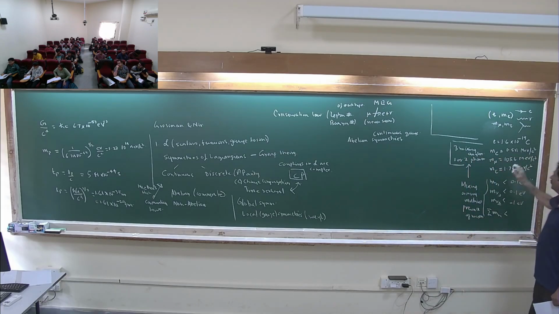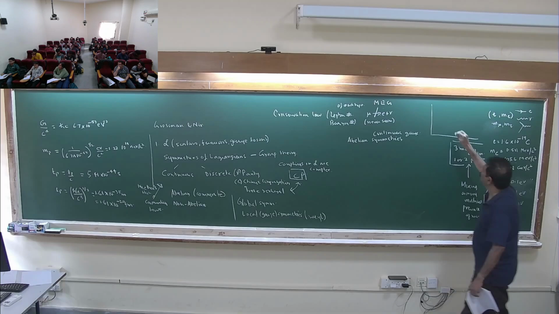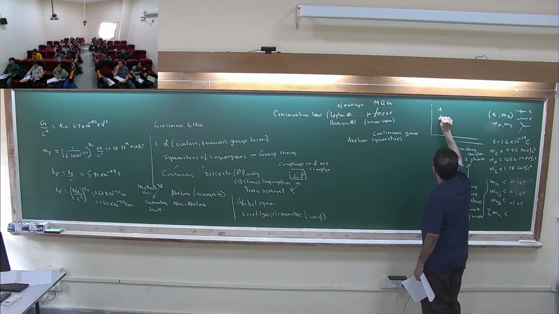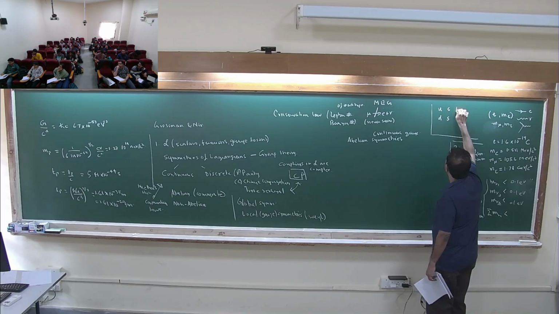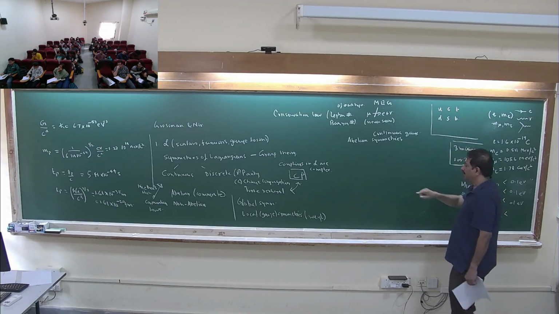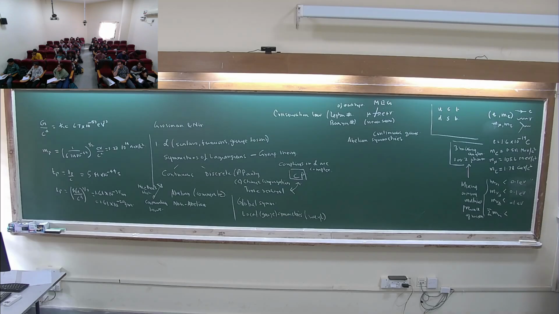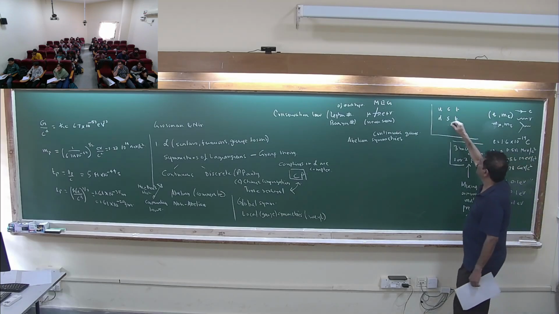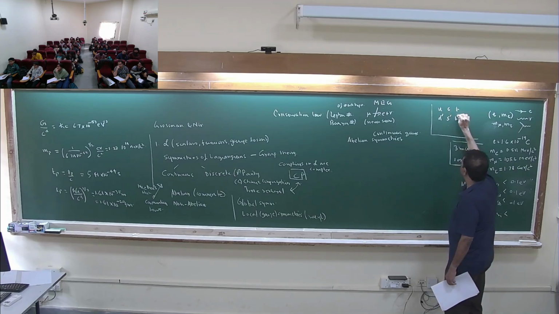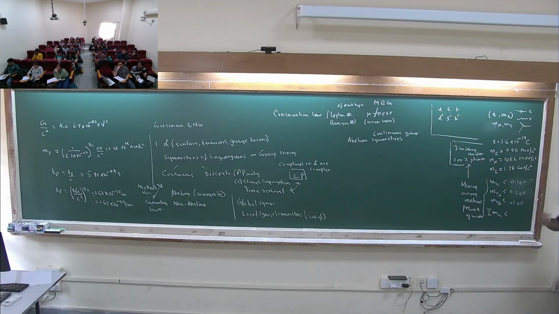Wait a minute. So what are the other particles? Let's name the particles first of all. The other day we did that already, and we said that you have a u, c, t, and just as in this case, we have d prime, s prime, b prime, which is for the mixing.